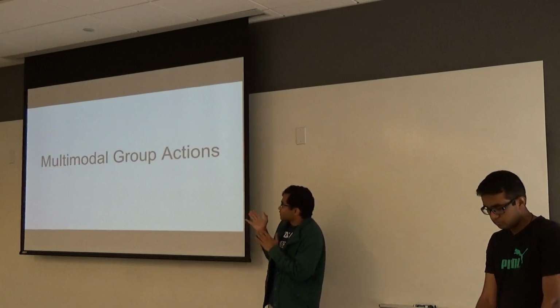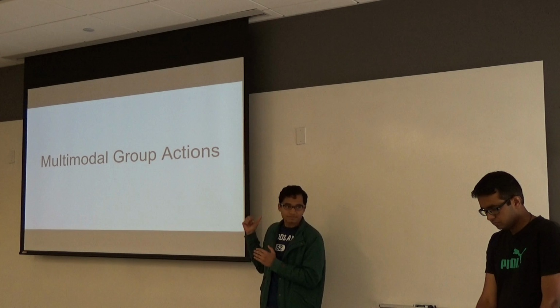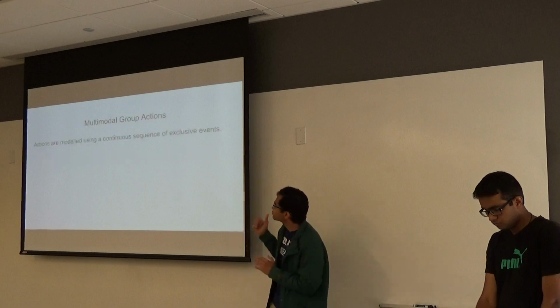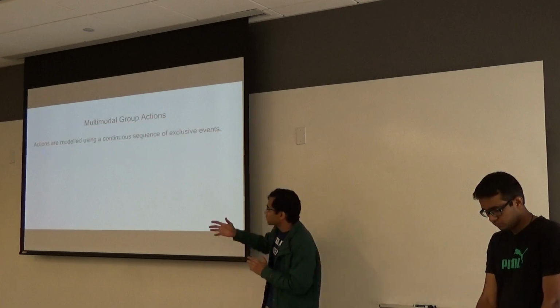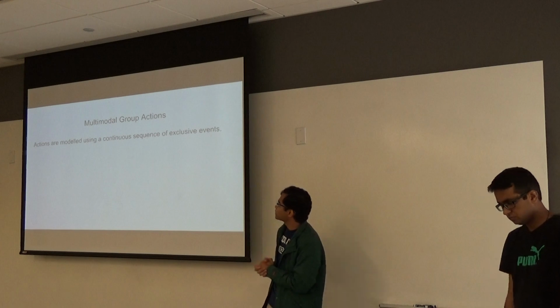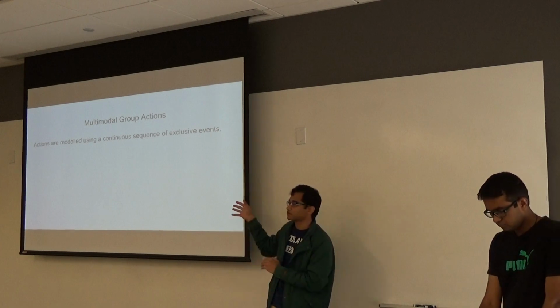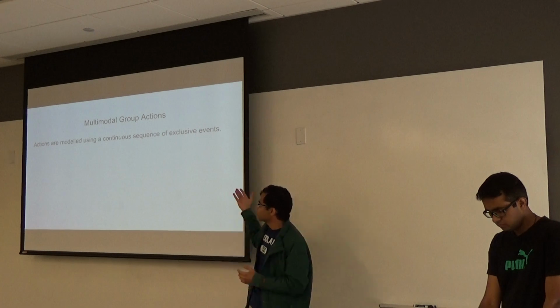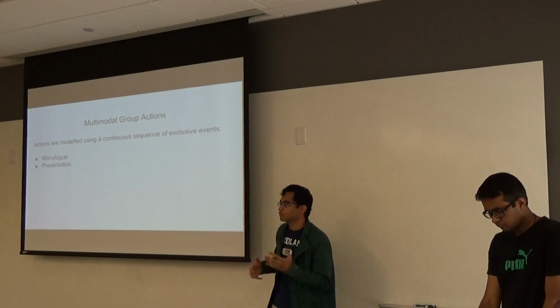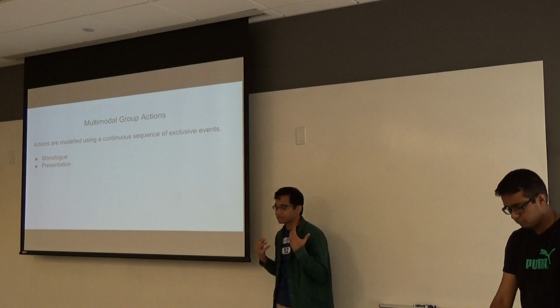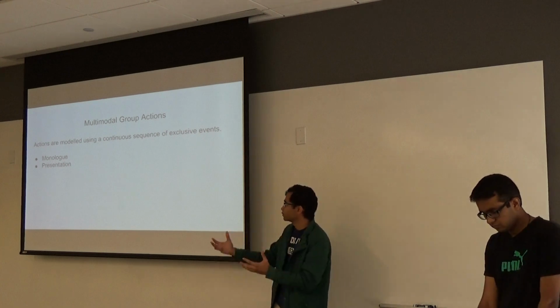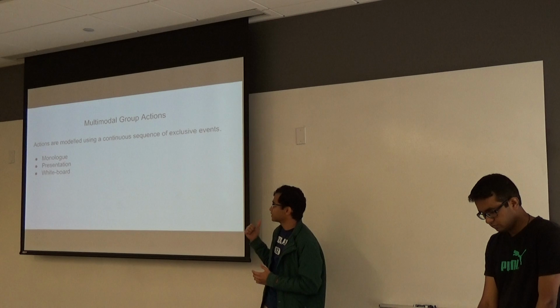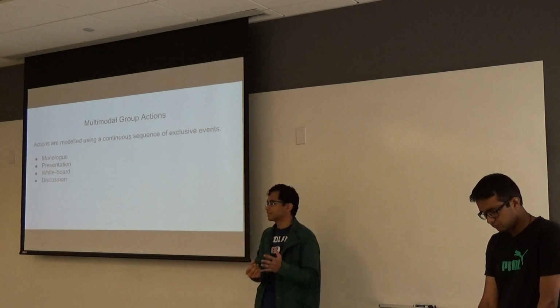The first one is the group actions, and it's a continuous sequence of exclusive events. These are the events that they had come up with in their research. The first was monologues, one of the individuals talking to the group. Second was presentation, where someone is presenting.